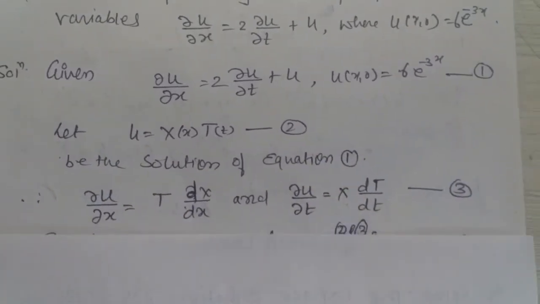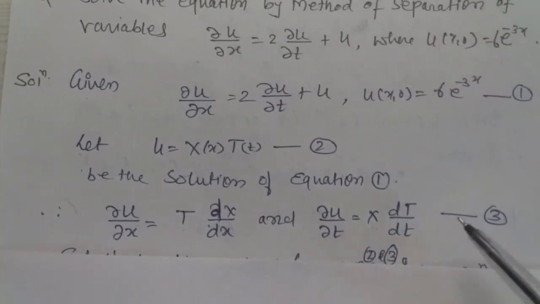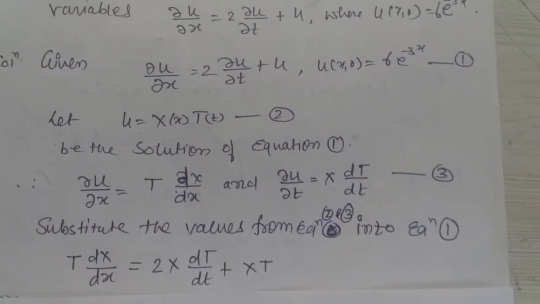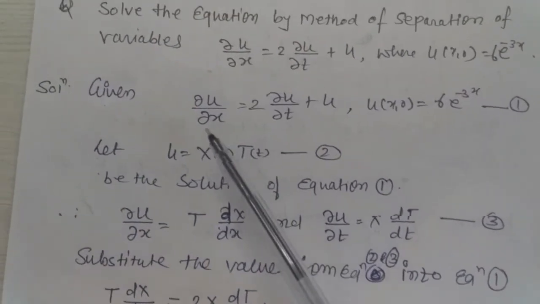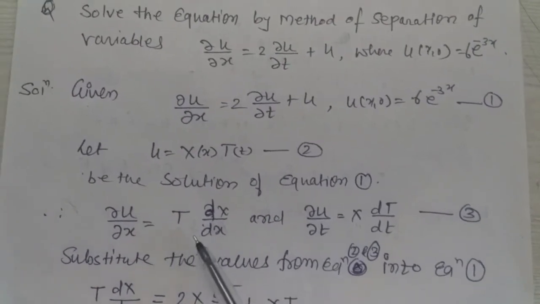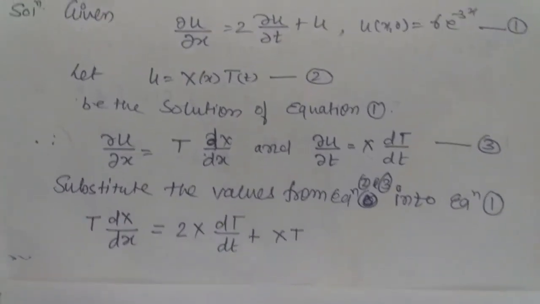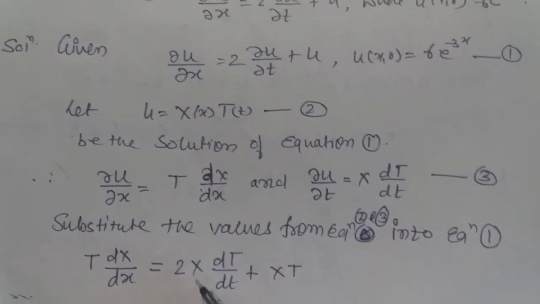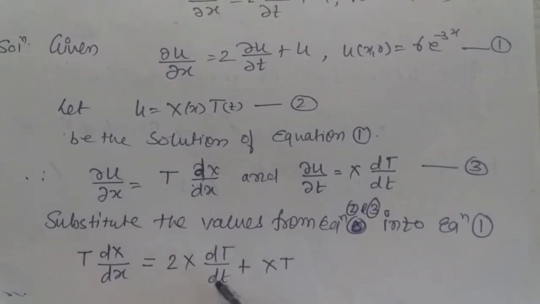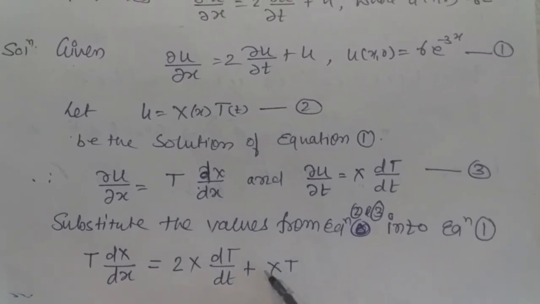Now, putting the values of del u by del x and del u by del t from (3) into (1), we get T dX by d small x equal to 2 times X into dT by d small t plus u.